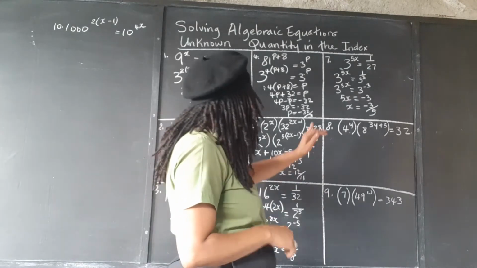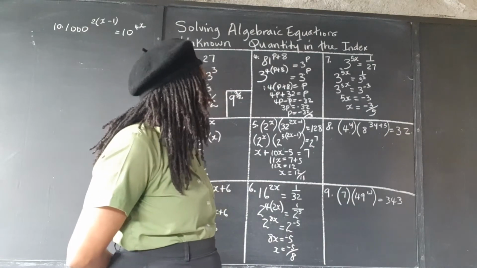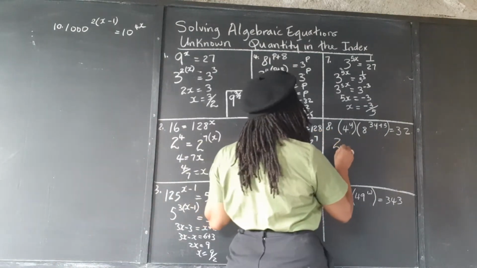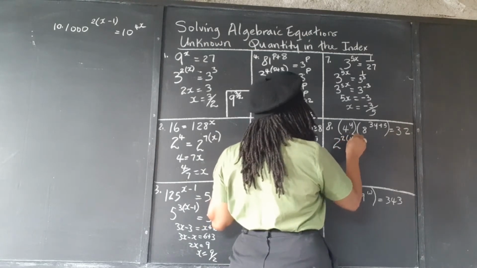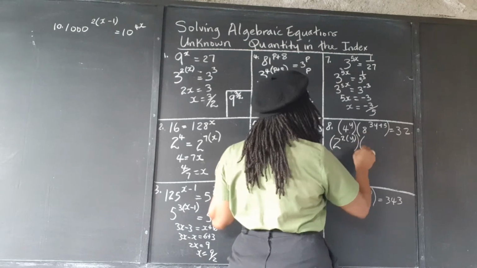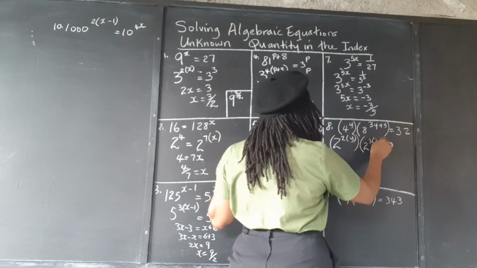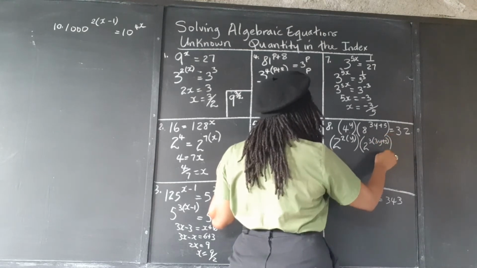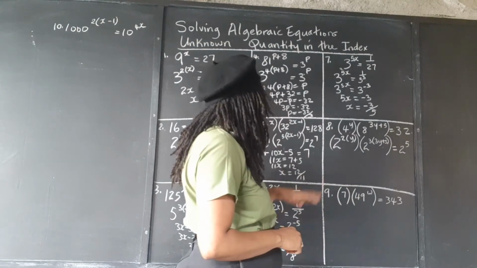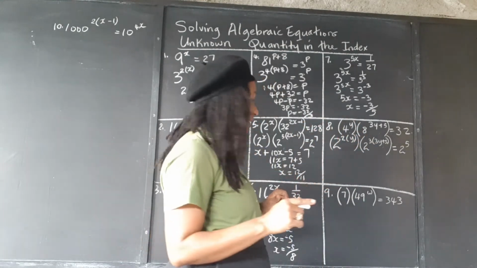So we have a 4, an 8, and a 32. We know those can be written as 2 to a power. 4 is 2 squared. And we write back the y that was there. These two are being multiplied. Go back our brackets. 8 is 2 to the 3rd power. And we write back the index that was there. 32 is 2 to the 5th power. Alright, so we're multiplying here. That means we're supposed to add the indices.